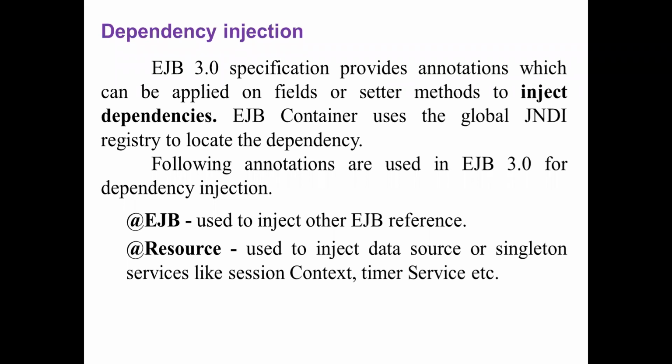One is @EJB and the second one is @Resource. You can see that in the PPT. @EJB is used to inject another EJB reference, that is, a reference from one EJB to another by using dependency injection.